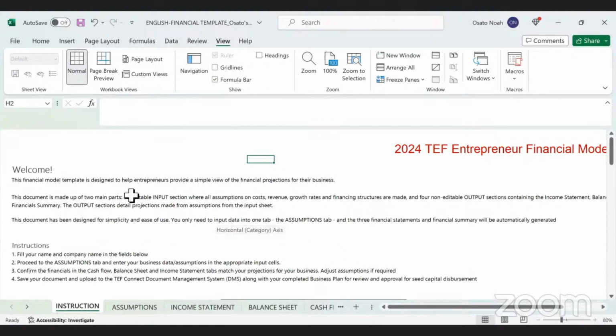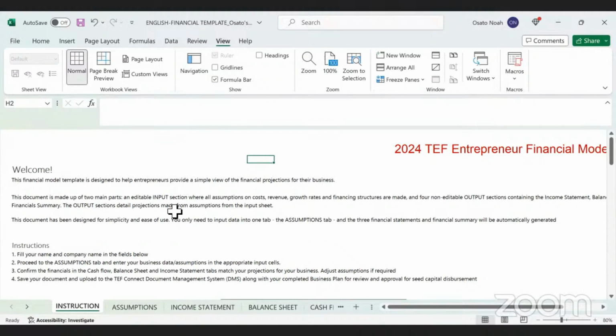Now, the template has about four tabs. The first tab is the assumptions, and then the other four tabs. The assumption is where you make your input about revenue, cost, the growth rate and how you want to see the business grow, and even how you want to finance the business, the financing mix or structures.